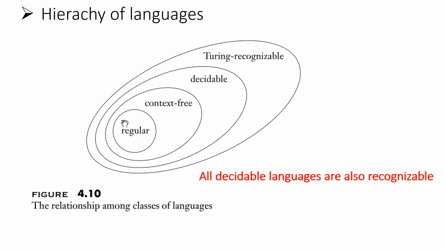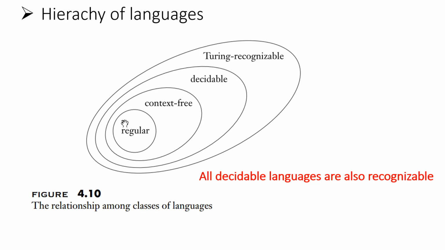Okay, with the definitions of decidable and recognizable languages, let's review the language hierarchy. In the innermost set, we have regular languages defined by DFA, NFA, and regular expressions. The class of regular languages is a subset of context-free languages, which are defined by context-free grammars and pushdown automata.